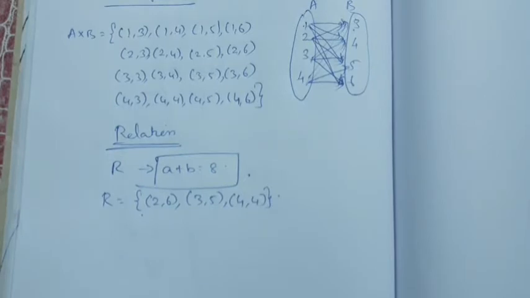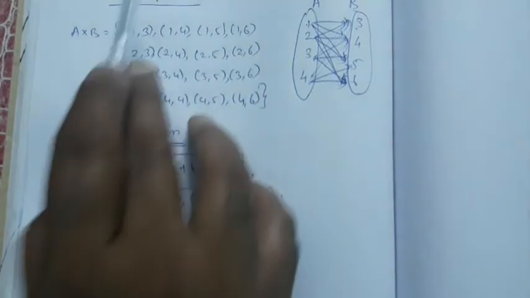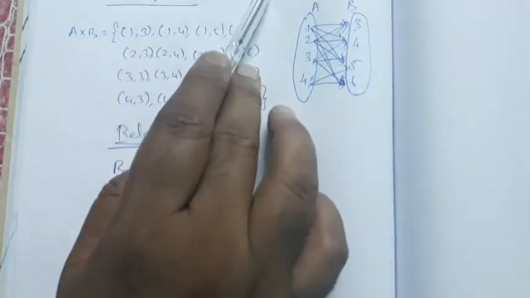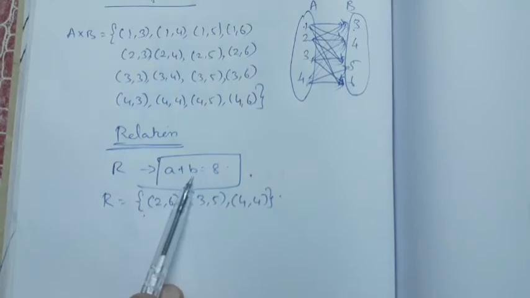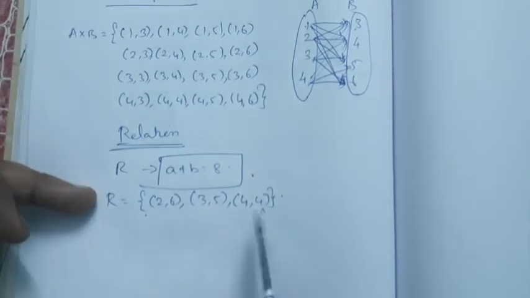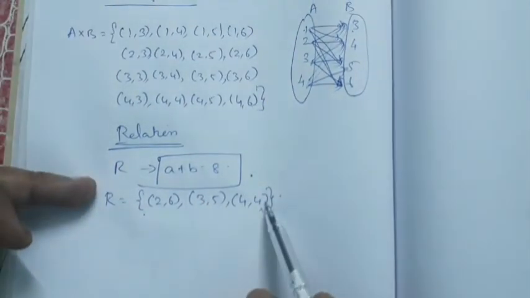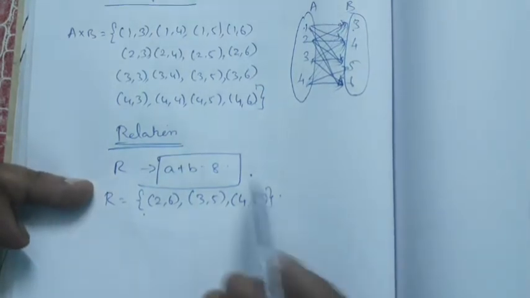Now once again, I'll tell the definition. Let A and B be two non-empty sets. A relation R from A to B is defined as a subset of A cross B. So this relation is going to be a subset of A cross B satisfying some specific condition.